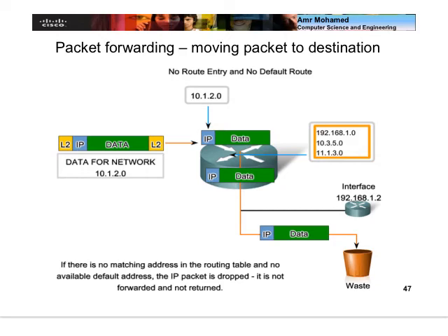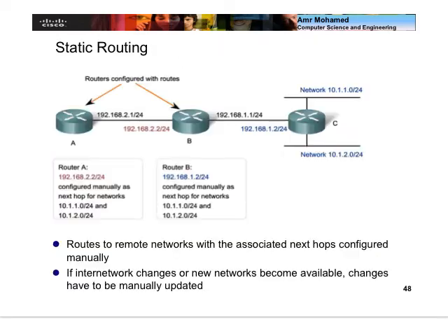So regardless of whether I have a route for this packet or not in the routing table, I have to just remove it. Okay? So in that case, I don't even have to consult the routing table or anything. Okay, so that's another exceptional scenario that could happen. So if I do all of this and again I cannot see any route for this particular packet, then the normal behavior is just to discard it.